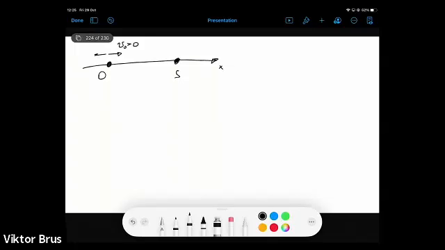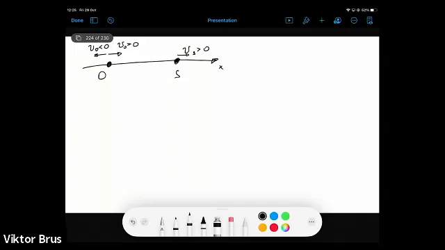If it moves in the opposite direction, then the velocity of the observer will be negative. Similarly, we can specify this also for the source. If it moves along axis X away from the observer, then the velocity of the source will be larger than 0.